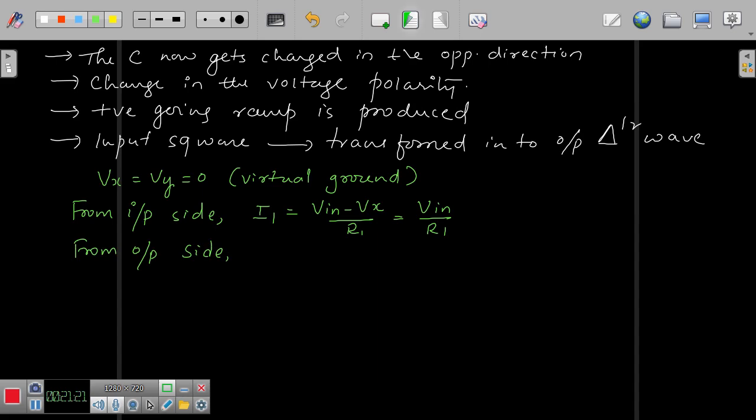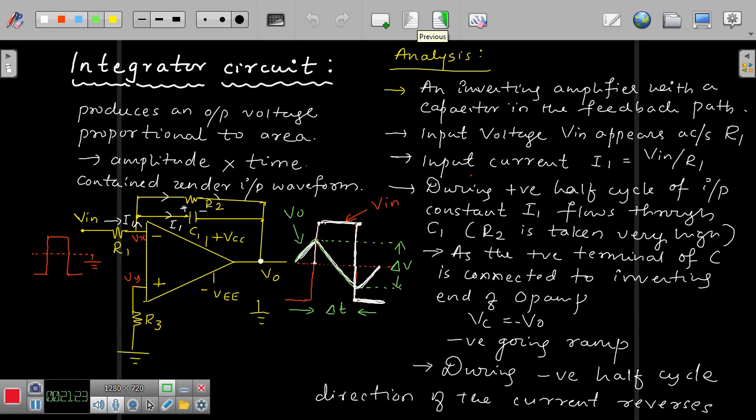Now from the output side, let us try to see the current from the output side. So what will be the value of I1 here? You can see here, this from the output side. So it is nothing but the C into d by dt of Vx minus V naught. So this is my Vx here, this is V naught. If you look at the same direction of the current, right? So it is capacitance into the rate of change of voltage.